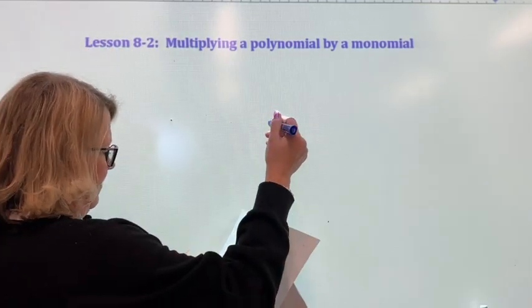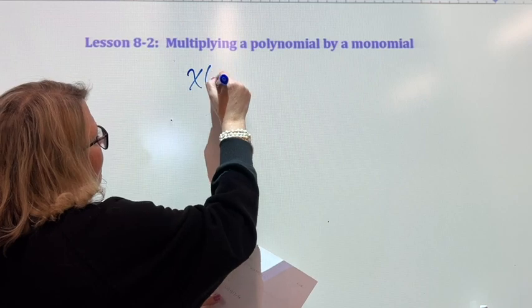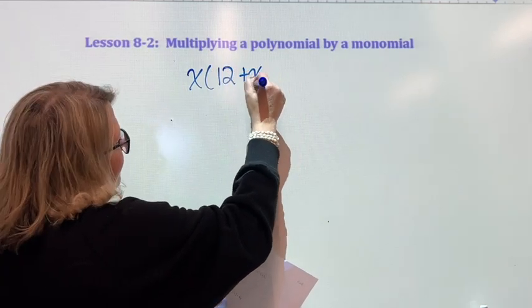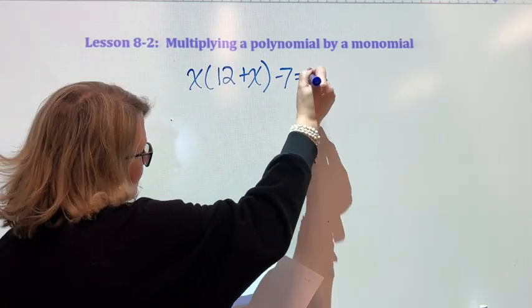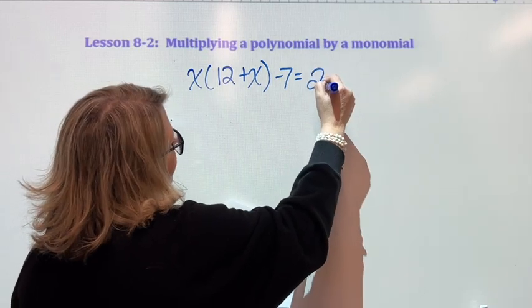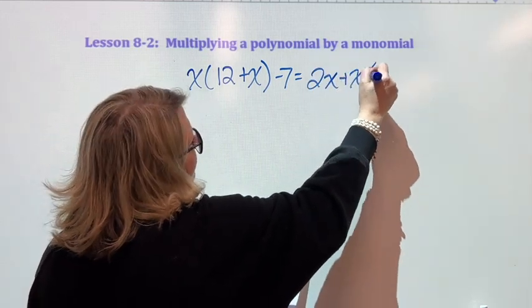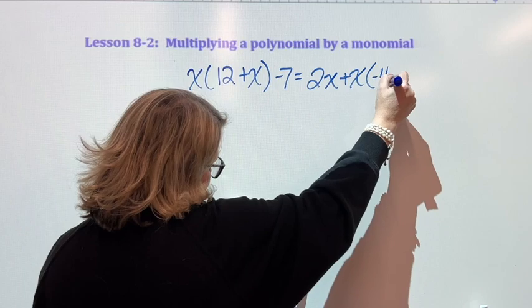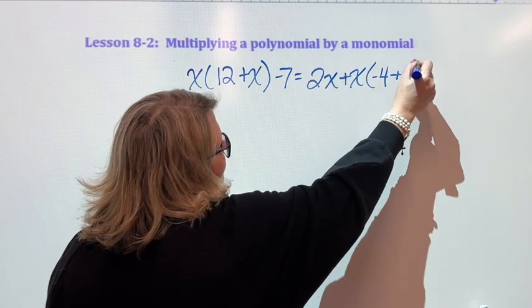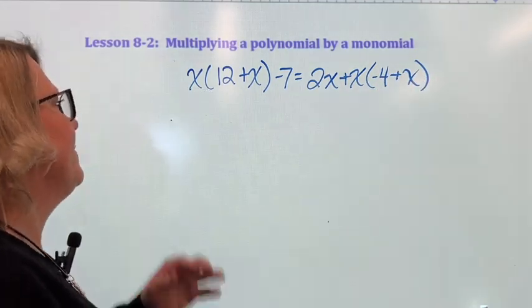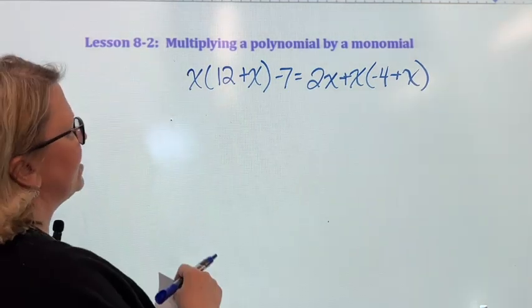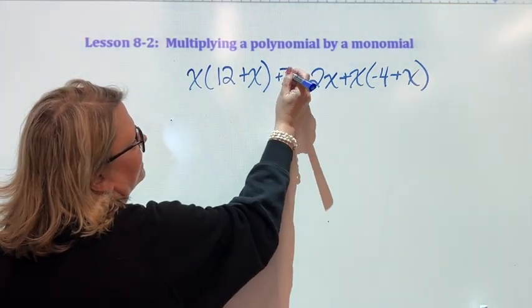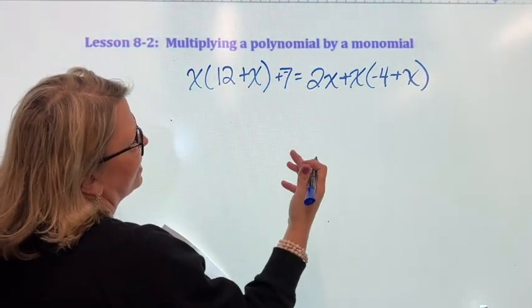So let's start off with this. Okay, so it's got a lot of different components going on here, but let's first start by changing any of the subtraction to addition and then changing that sign.